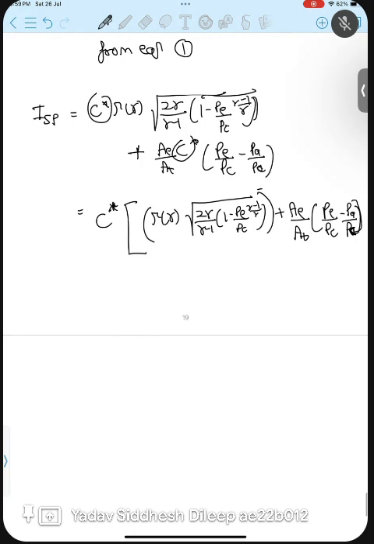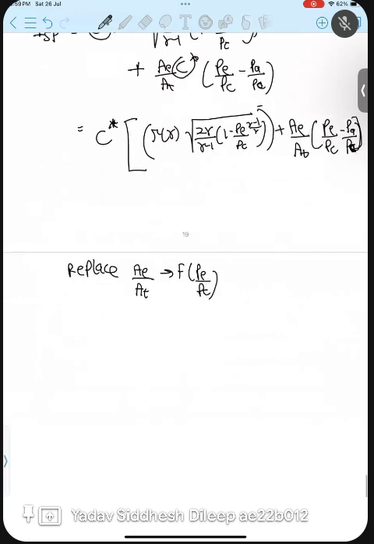Now replace A by At as a function of P by PC. Then you will have ISP equals C star into big term. And this big term is a function of gamma and P by PC.